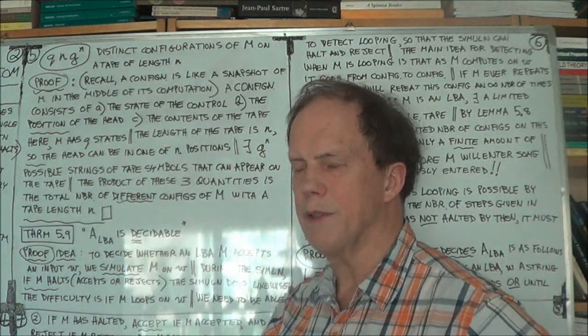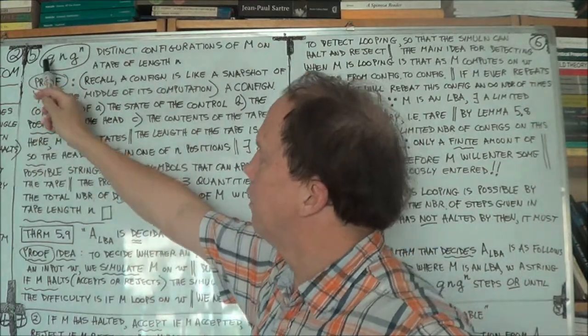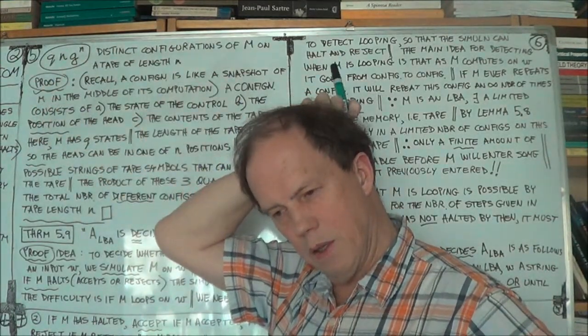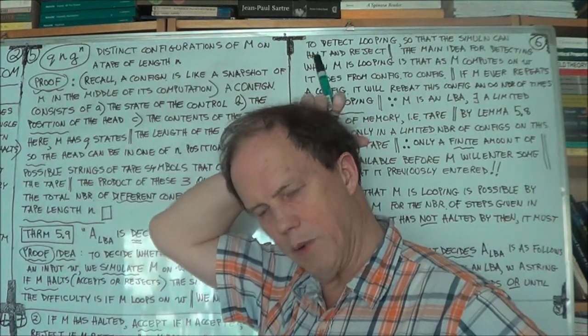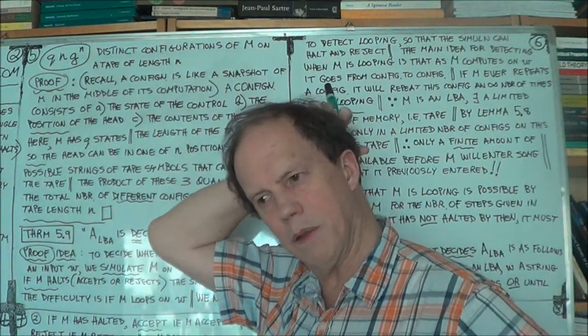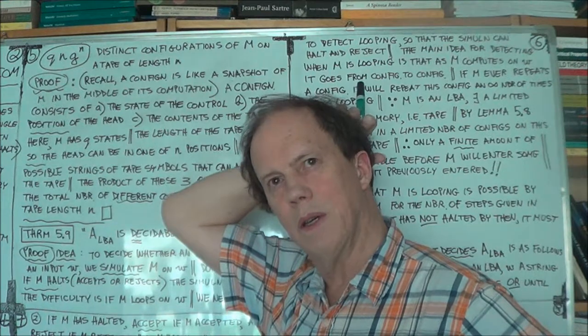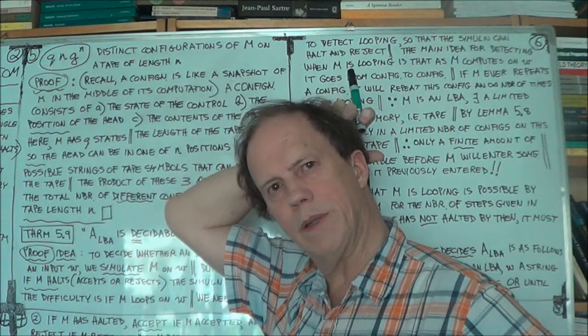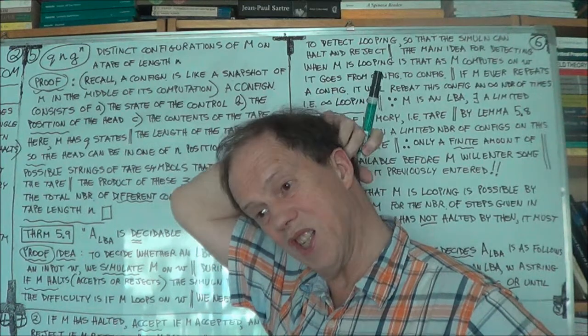Is that sort of obvious? See, you've got q different states. You're trying to find the maximum number of configurations. Well, what is a configuration? Well, it's those three things, right? It's the particular state that you're in at a given moment, at a given step in the computation.